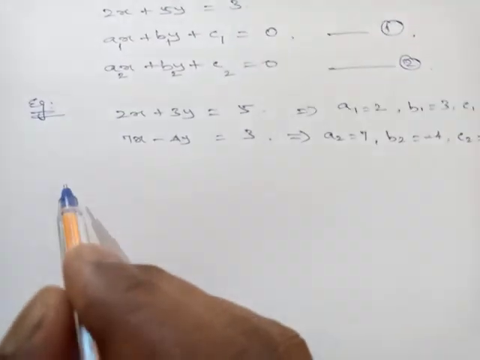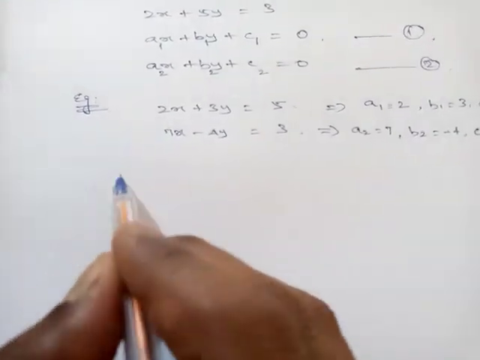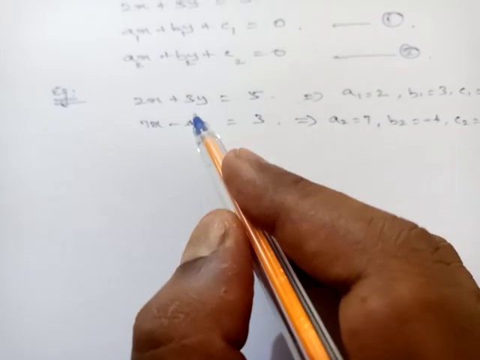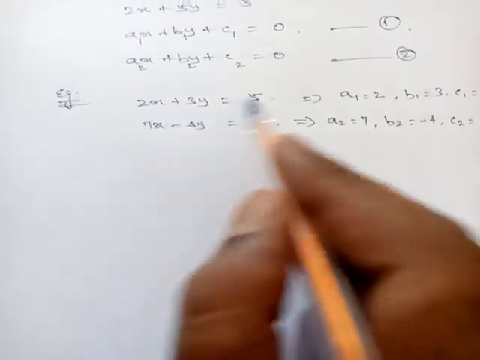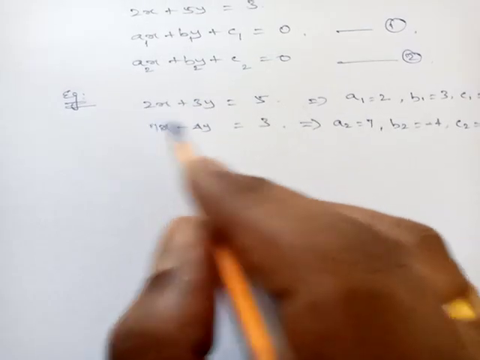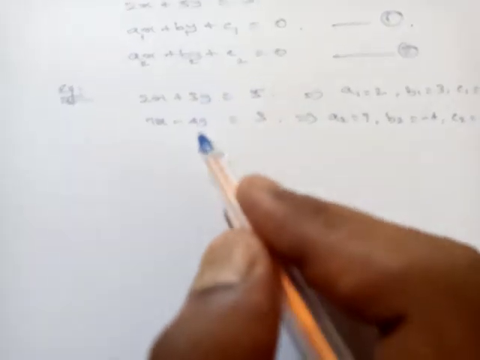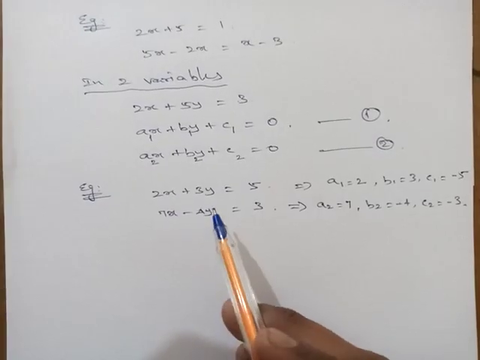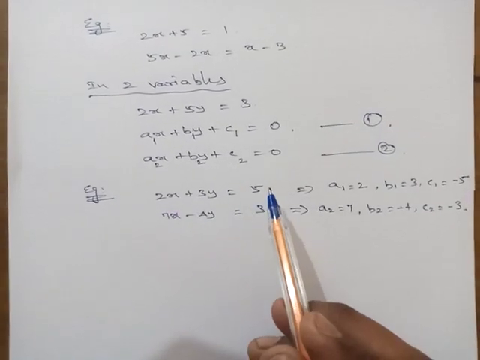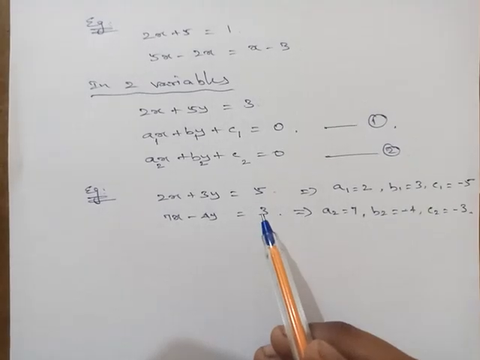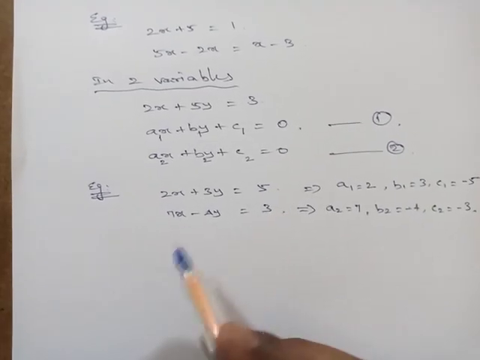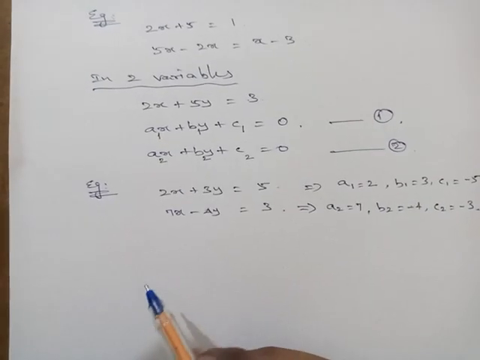Now, what is the graphical representation of this? A linear equation in two variables represents a straight line. Already in 9th standard we completed this, right? So the first equation represents a straight line, and the second equation also represents a straight line. So we will get two lines, correct?